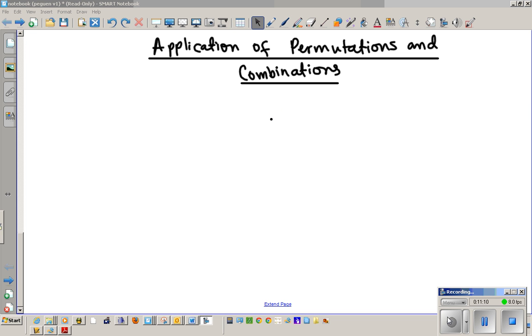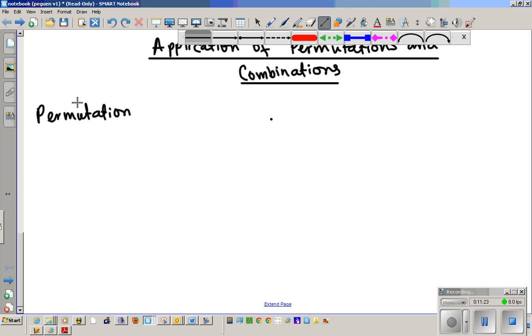Alright, so we're going to start with permutation. Write this down. Permutation. Now, what on earth does permutation mean? Permutation can be defined as follows.